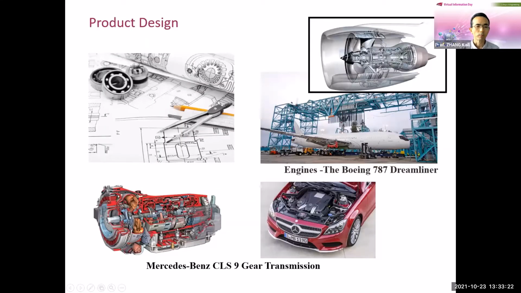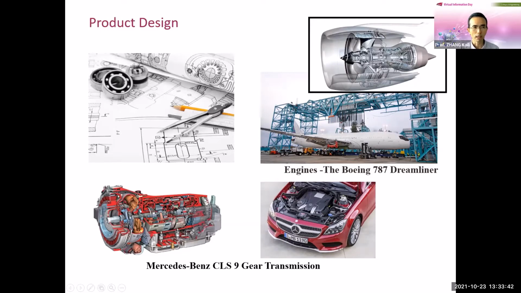As we know, product design is very important for engineering and for our society. For example, to design something like the Boeing 787, one important part of this airplane is the engine. It's a very complicated engine.